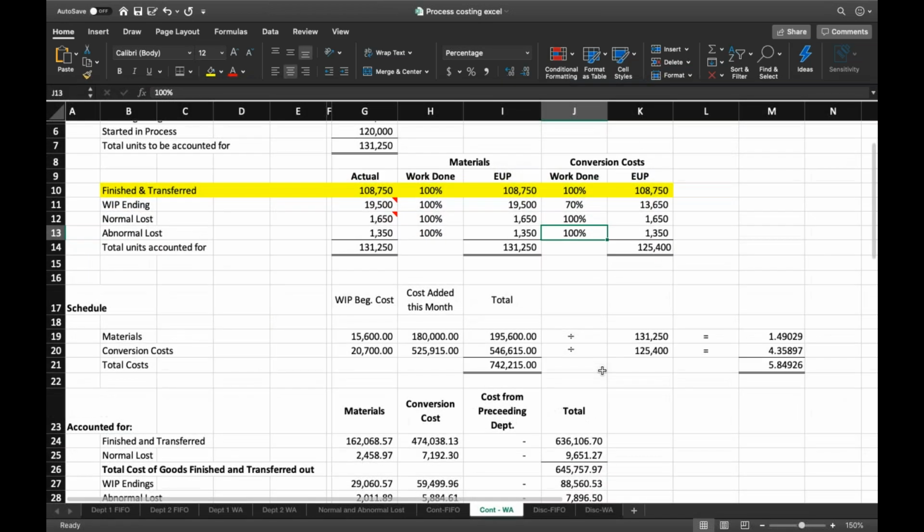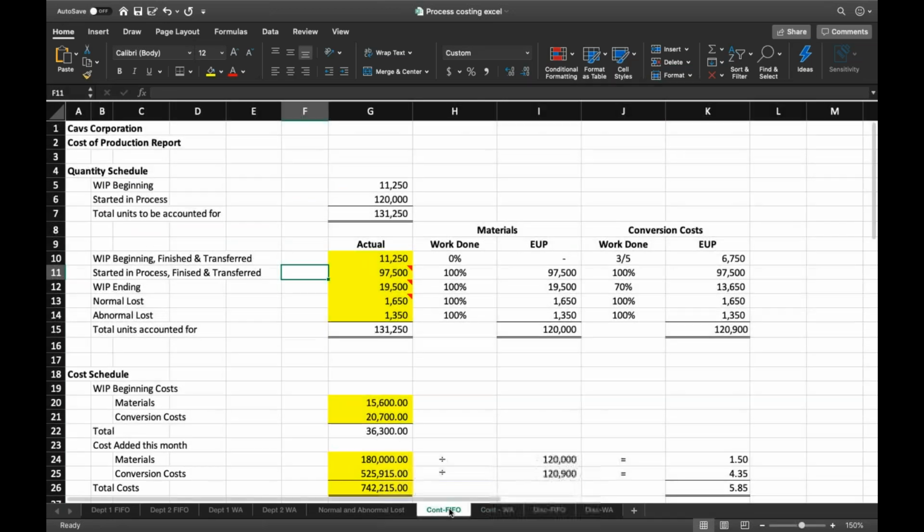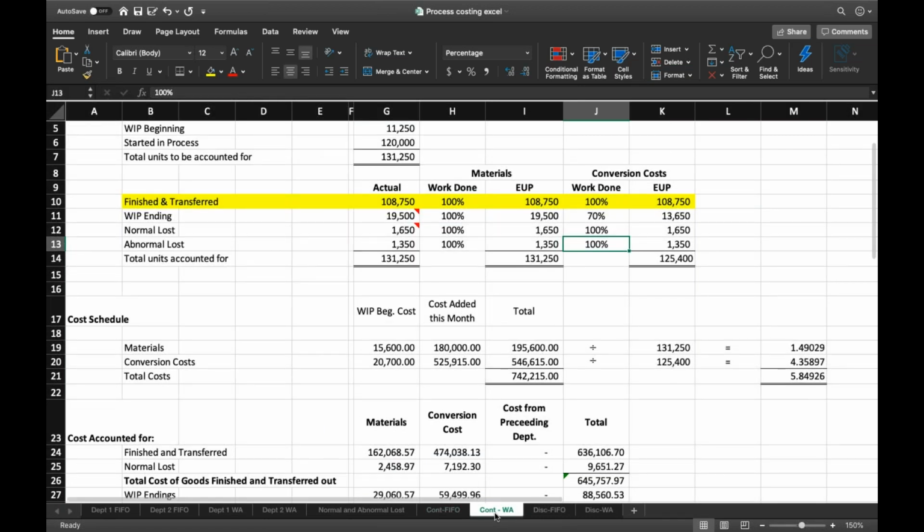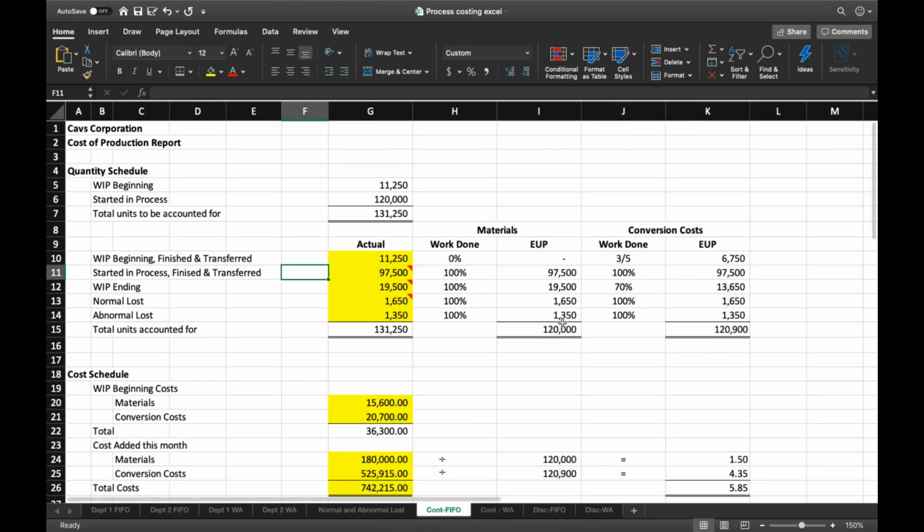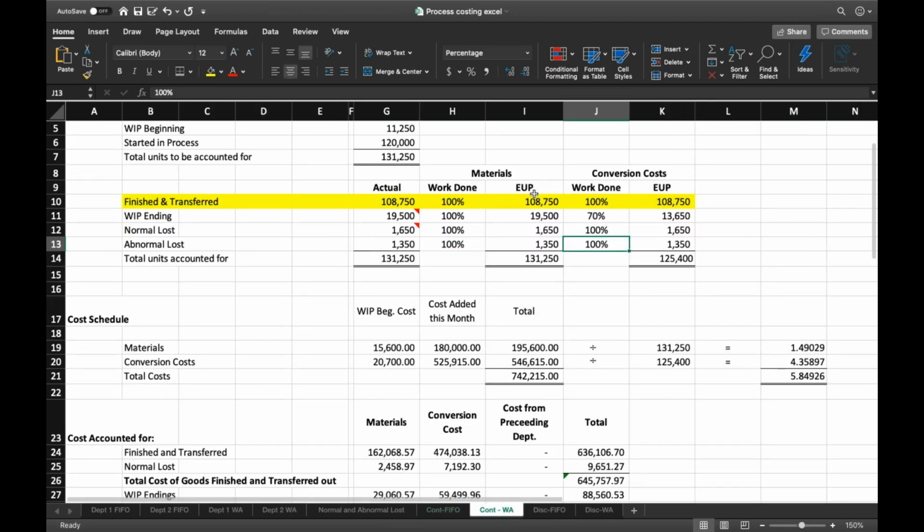Okay? So, alin ang may difference dito? Yung finish and transferred natin, wala nang beginning, 108,750. So, mababago yung EUP natin from 120 and 120,900 dahil 100% parehas, 131 and 125,400.